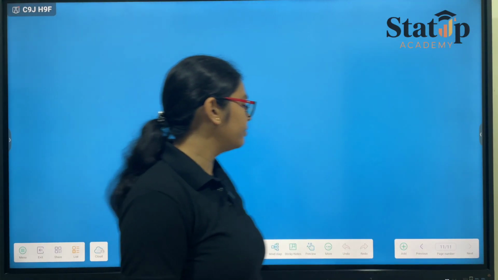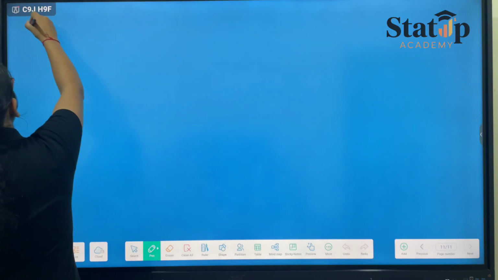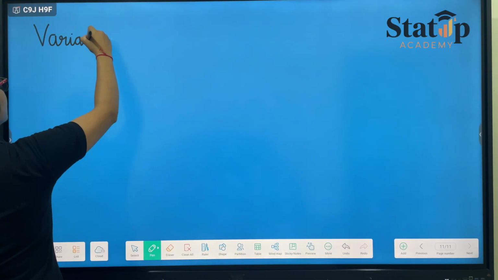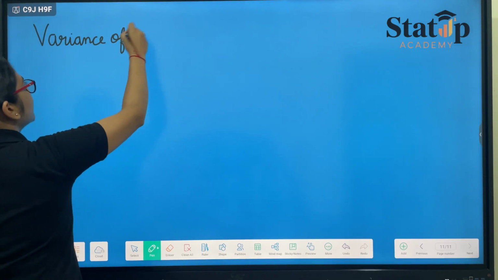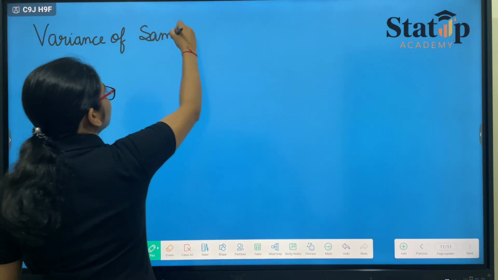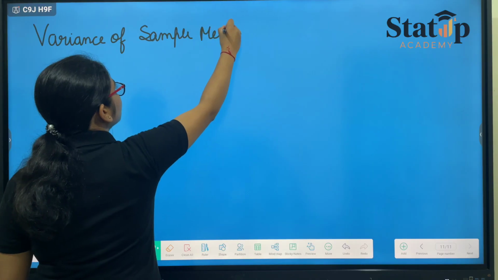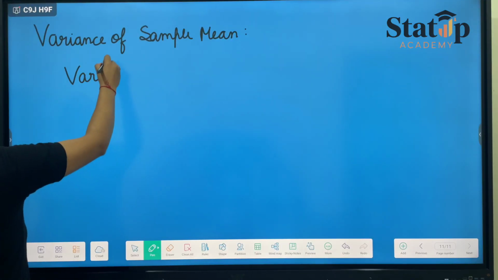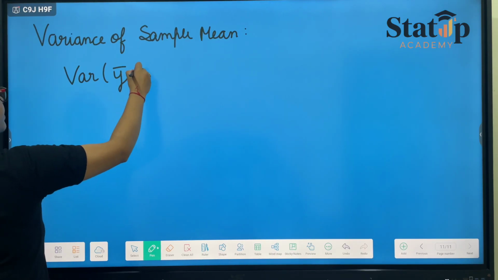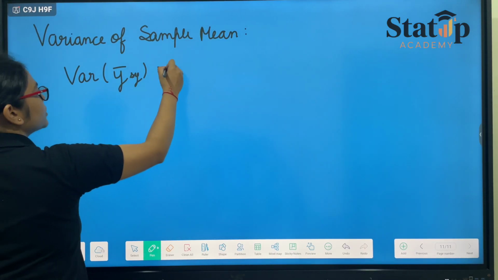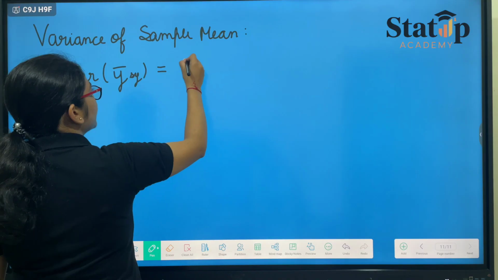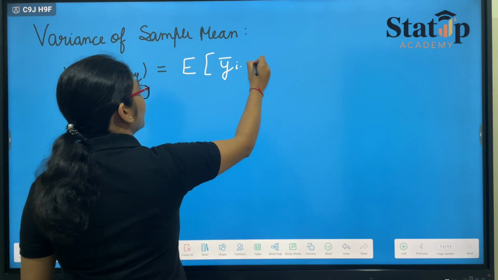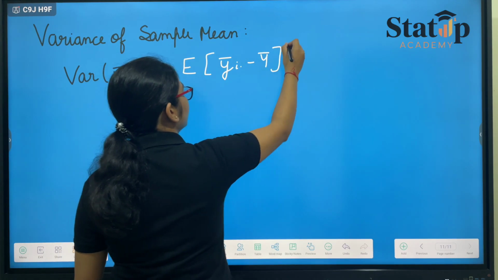Now moving on to variance of sample mean. The variance of the sample mean can be written as variance of y bar sy, which is equal to expectation of y bar i dot minus capital Y bar whole square.